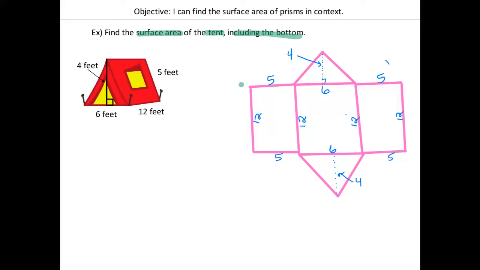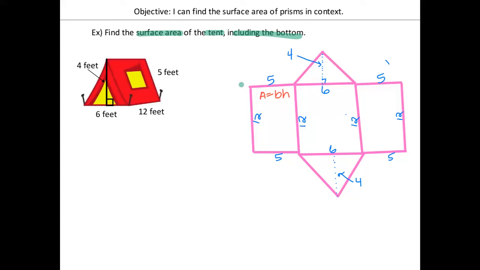So I'm going to go find the area of each piece, and then I'm going to add them together, okay? So looking at the area of a rectangle, I find it by calculating the base times the height. So on this particular rectangle, how do I calculate this area? What are my dimensions? 12 and 5, right?